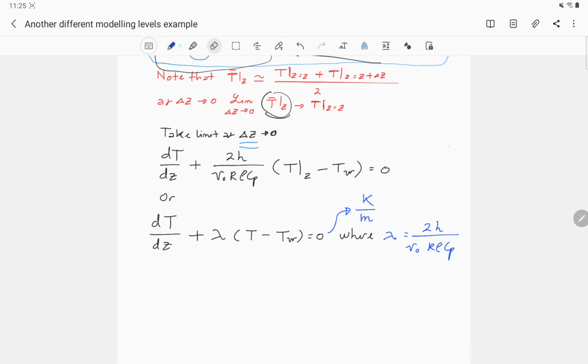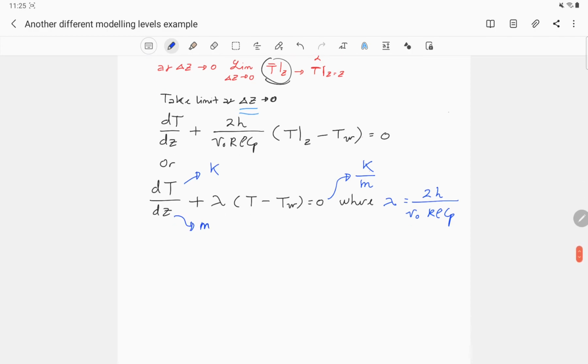Because T in here has a unit of K, and Z has a unit of length, meter, what will be the unit for this lambda? So we are interested to find that unit.